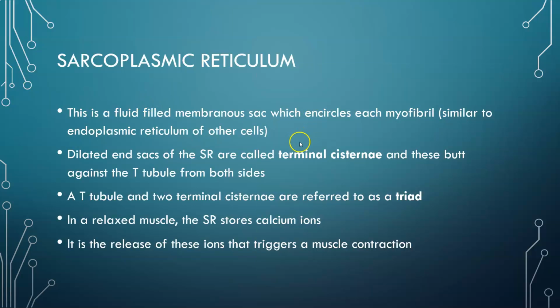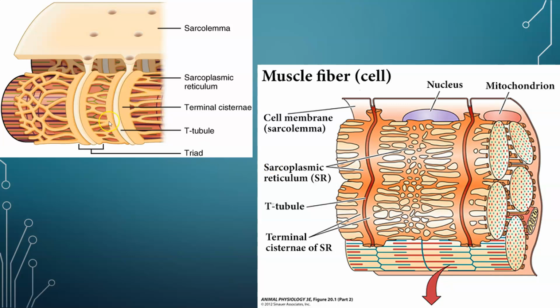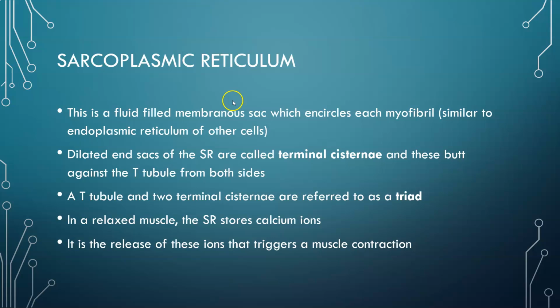So this tubular system is known in muscle cells as the sarcoplasmic reticulum. It is a fluid-filled membranous sac, and it encircles each myofibril, and it is similar to the endoplasmic reticulum of other cells.